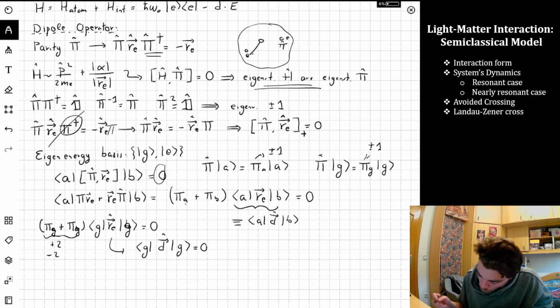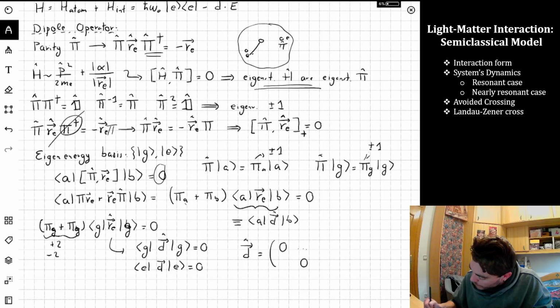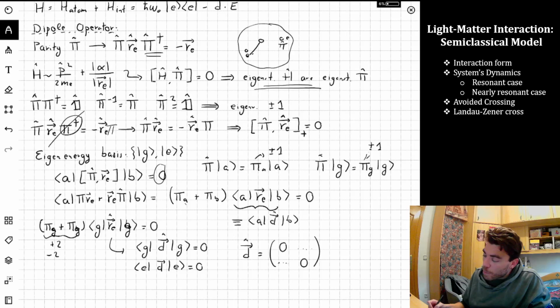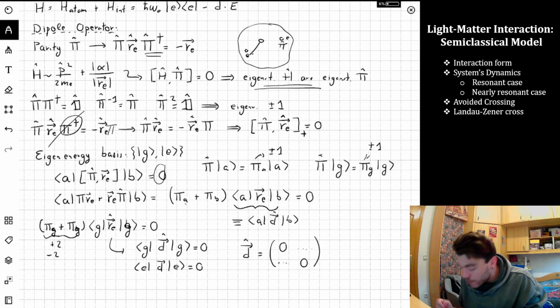But this is of course going to be trivially the same for the excited state. So this means that the dipole operator has only off-diagonal terms, if any. The diagonal terms of the dipole operator should be 0. So the dipole operator can only couple states between them. In this case they can only couple the ground state and the excited state.